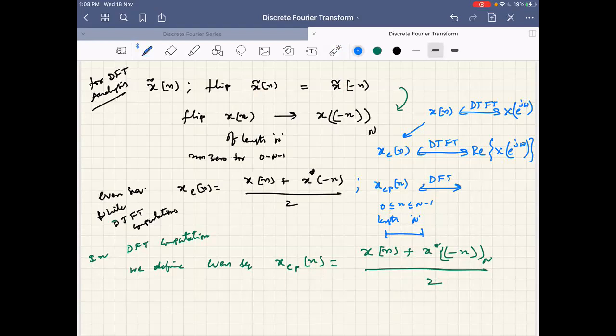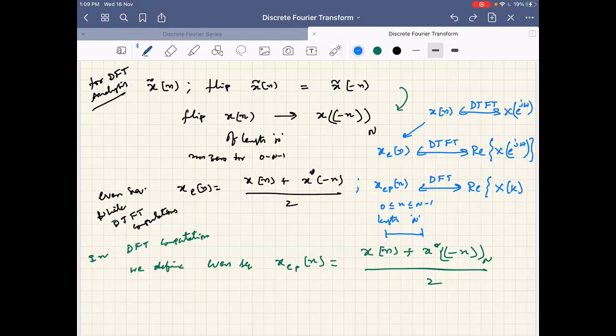Now what will the answer be? You can check it to be the real part of X of k. This is the advantage of the discrete Fourier transform. What is X of k?